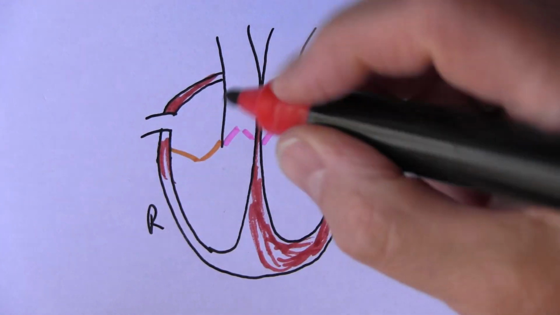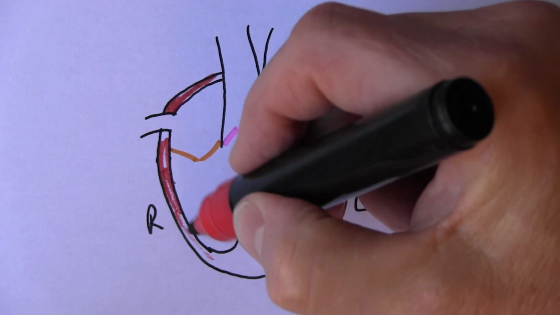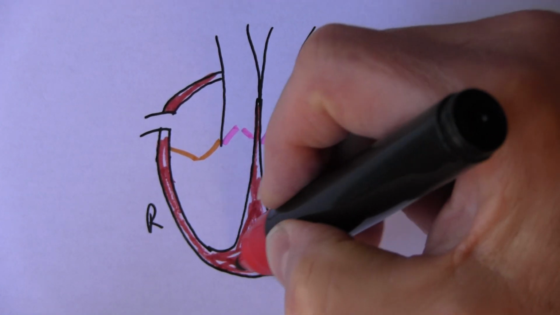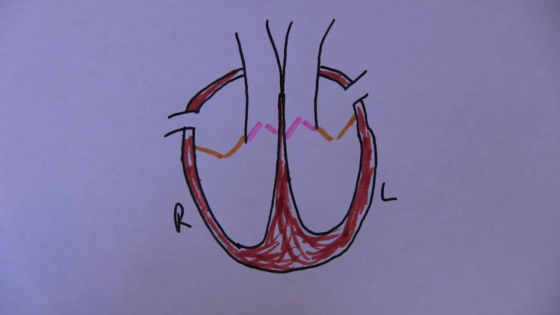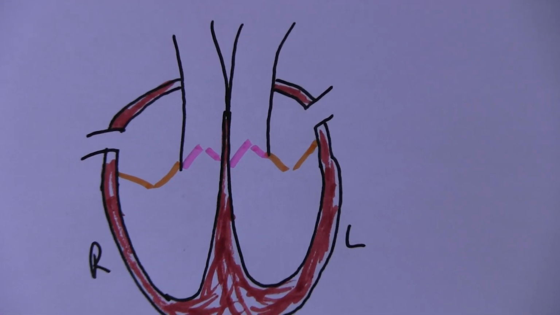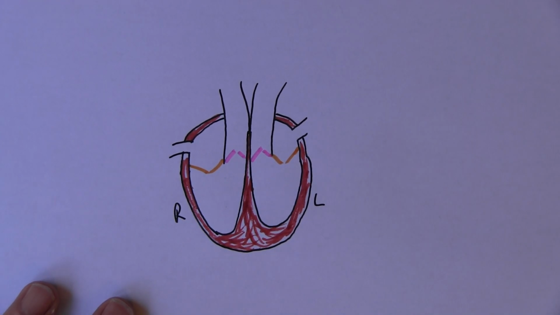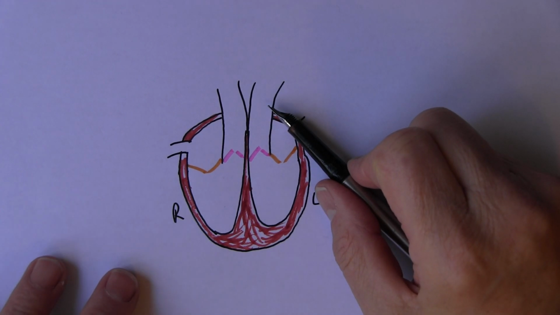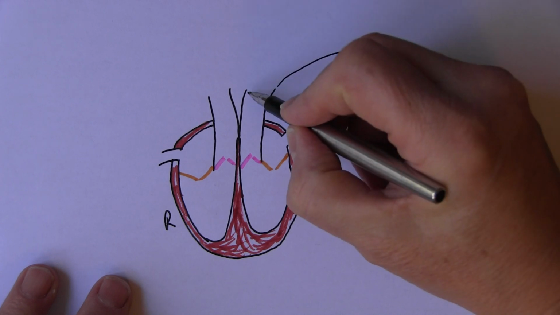So this is atrial myocardium at the top, ventricular myocardium, and the left ventricular wall is thicker than the right ventricular wall, because this left ventricle is pumping blood into all of the systemic circulation via the aorta. So this is pumping blood to all of the body.